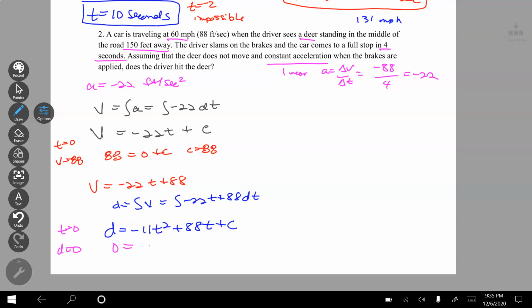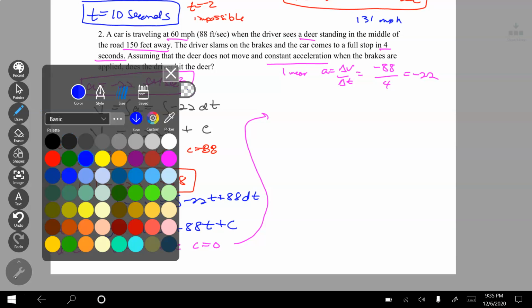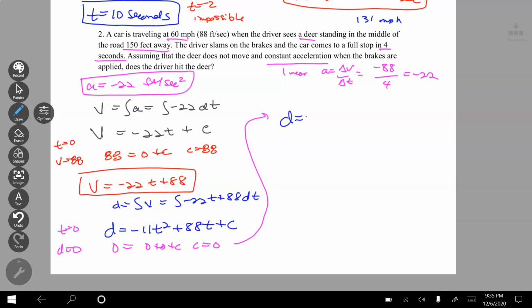So 0 equals 0 plus c, or c equals 0. And let me box some things up here. So my distance equation is equal to negative 11t squared plus 88t.